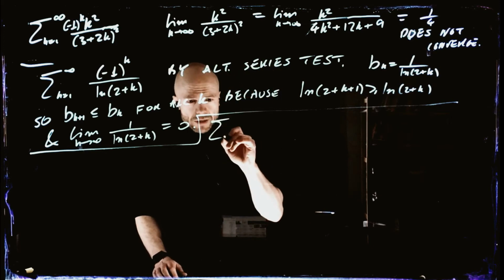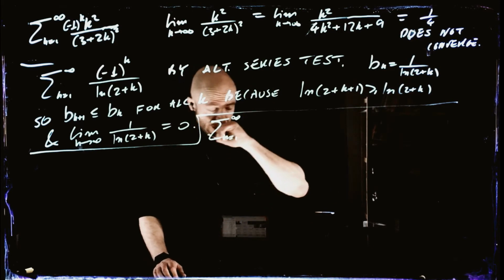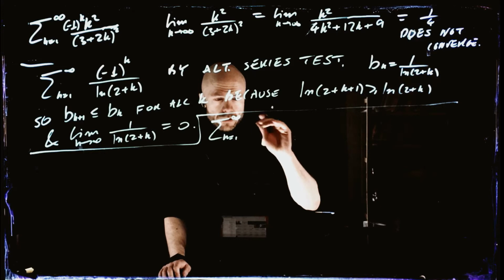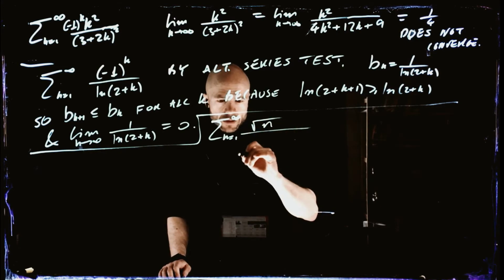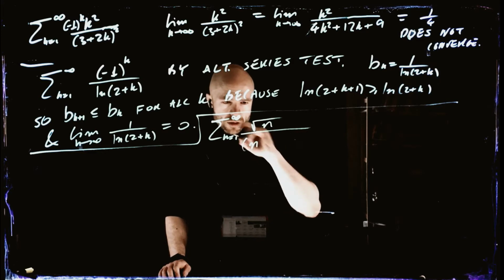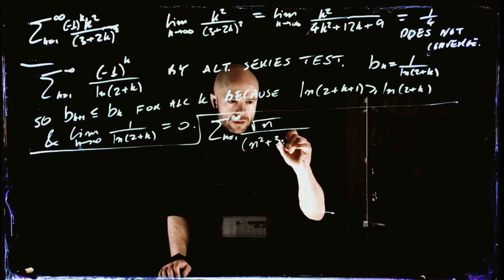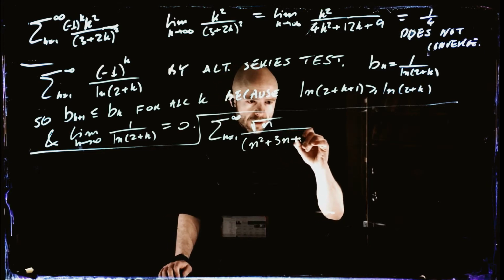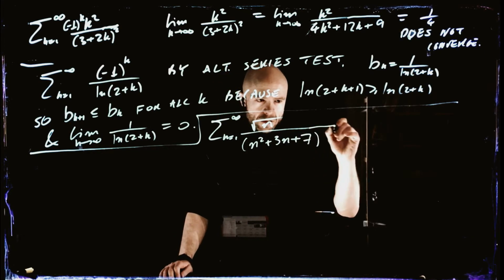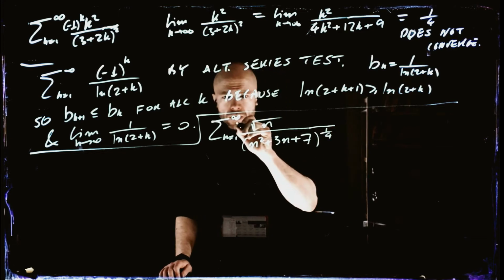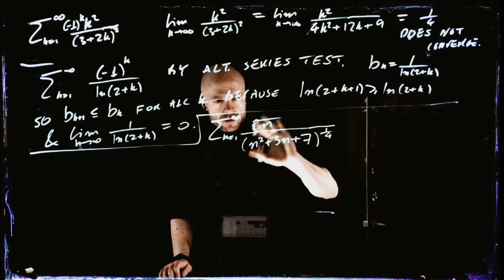If we have an example like this, the sum k equals 1 to infinity of the square root of n over (n squared plus 3n plus 7) to the 1 over 4, times (-1)^n.